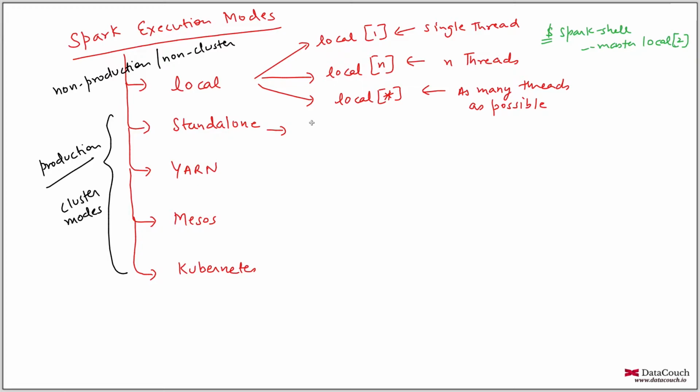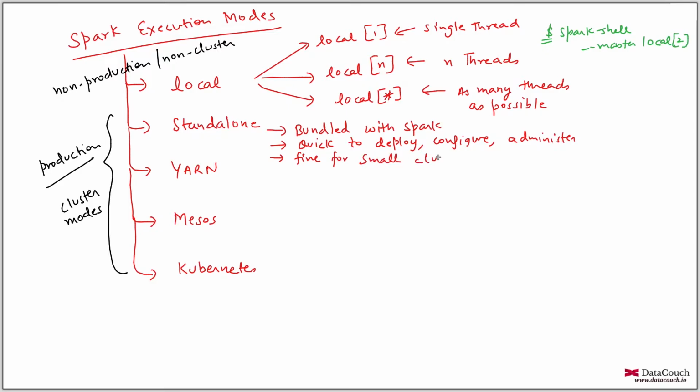So standalone mode means it is bundled with Spark. So it is quick to deploy, configure, and administer. It is fine for small clusters having maybe nodes less than 100 nodes or 200 nodes.